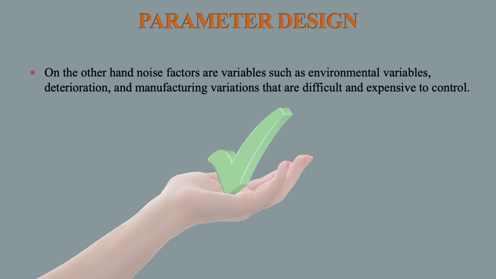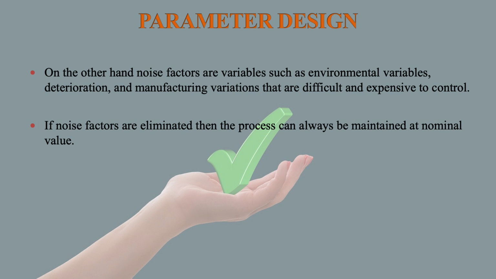So in this parameter design, Taguchi says that one has to identify the controllable factors and uncontrollable factors. Here the controllable factors are also known as signal factors, and the uncontrollable factors are noise factors. Noise factors are variables such as environmental variables, deterioration and manufacturing variations that are difficult and expensive to control.